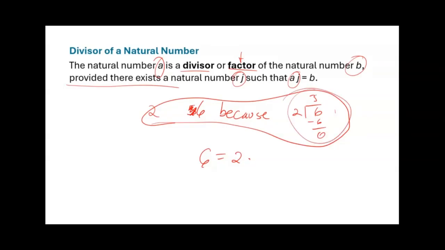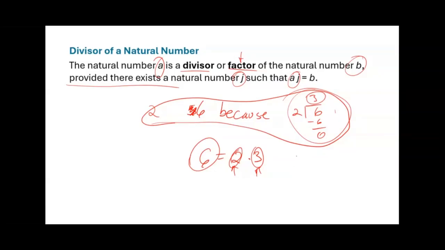And of course, the division actually shows us that that number is 3. So 2 and 3 are both factors because they appear as members or terms in the multiplication of 6. So anytime that you can use a number to represent another one as a multiplication, those are factors or divisors.